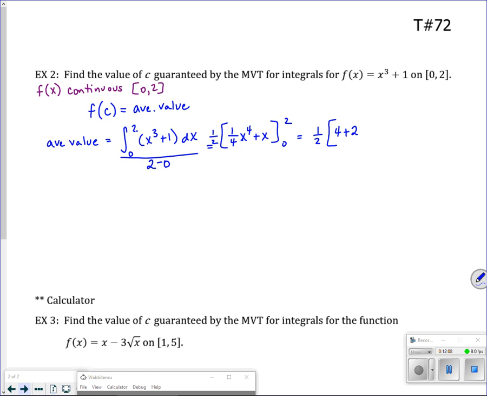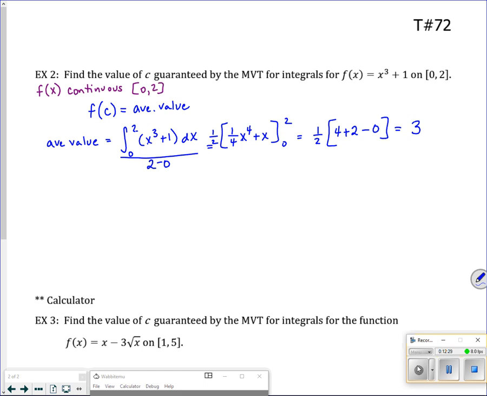And if I plug in 0, that's just going to be minus 0. So what I really have there is 6 divided by 2, and that's 3. Okay, so that's the average value.